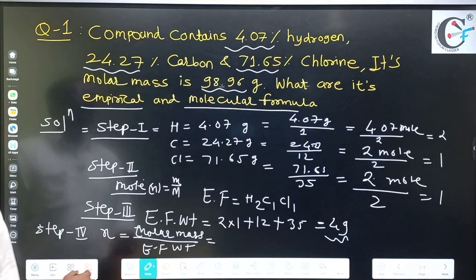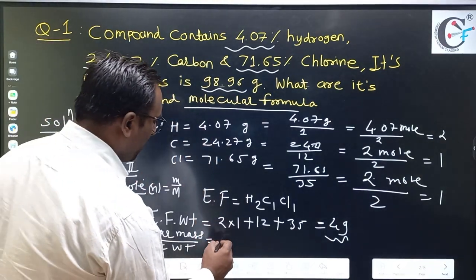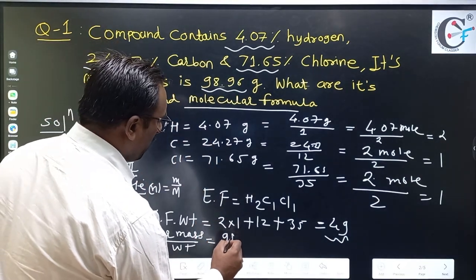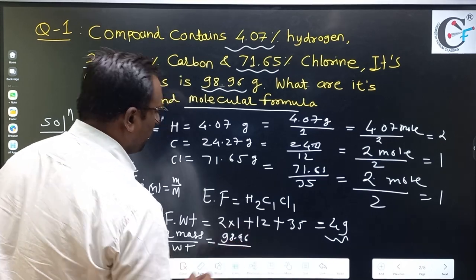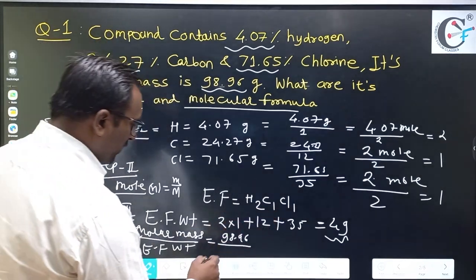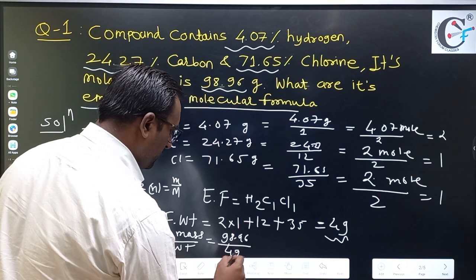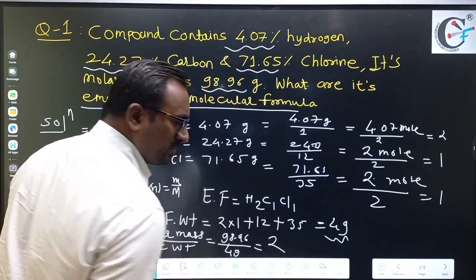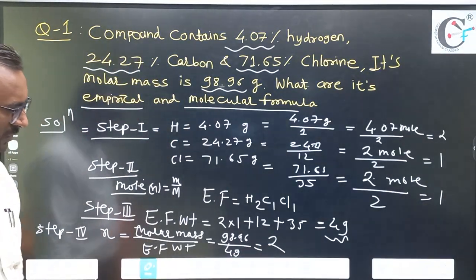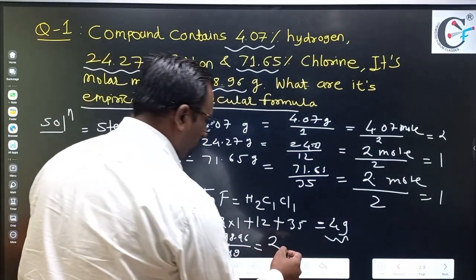So molar mass is given in the problem, it is 98.96, divided by our empirical formula weight, that is 49. So this will become 2. Okay. So n factor becomes 2.